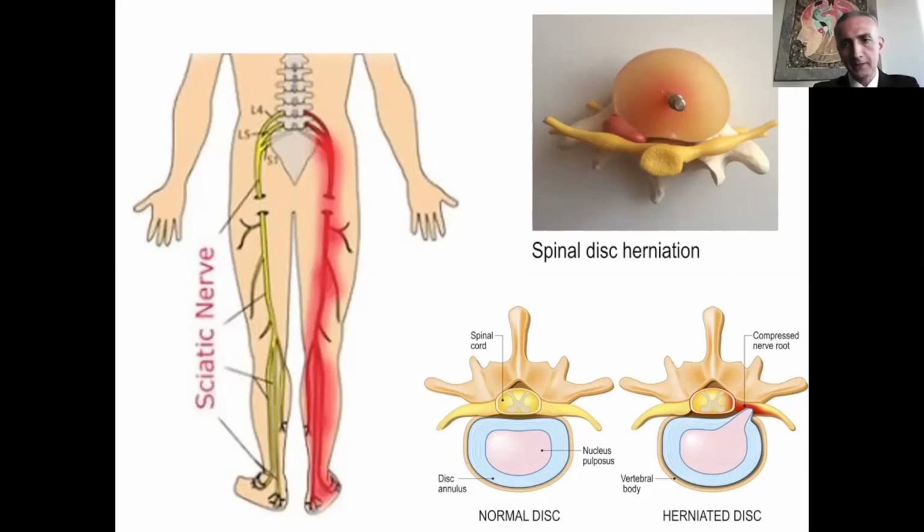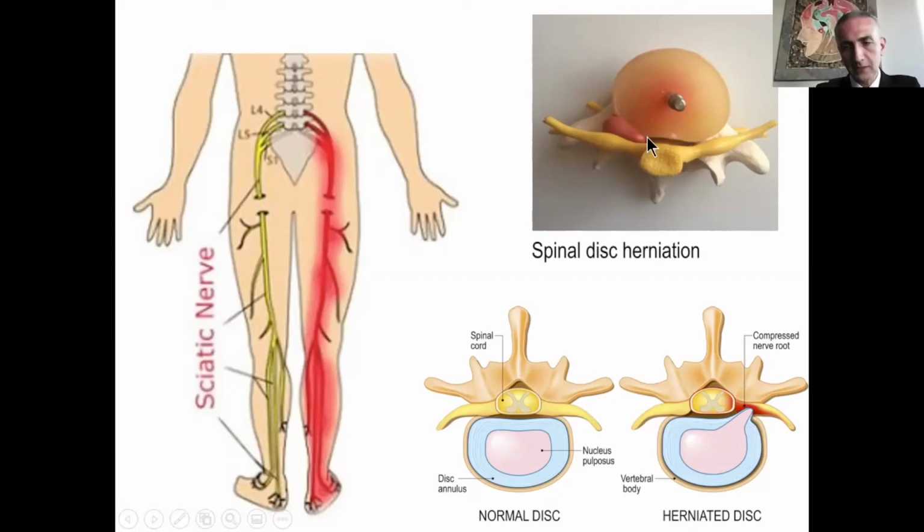And here on the right-hand side, I would like to talk a bit about the disc. The disc connects two vertebrae, or is between two vertebrae. As I said, it has got a tough outer ring here, and a jelly core in the middle. And if there are some cracks in the ring, the jelly core can escape out, and it can cause compression on the nerve root.